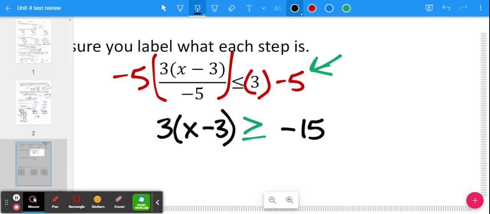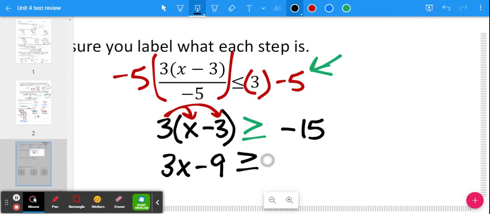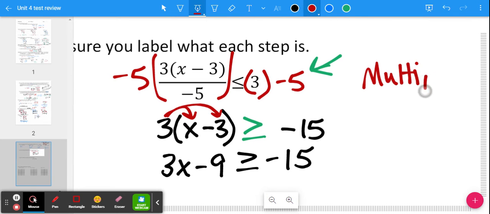So now you can distribute. So we have 3 times x and 3 times -3. So that gives you 3x minus 9 is greater than or equal to -15. And I forgot to do my justification. So the very first thing I did was the multiplication property of equality.